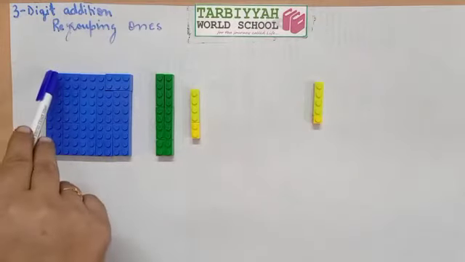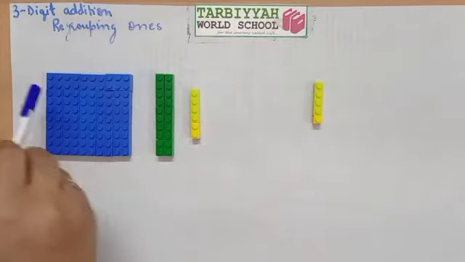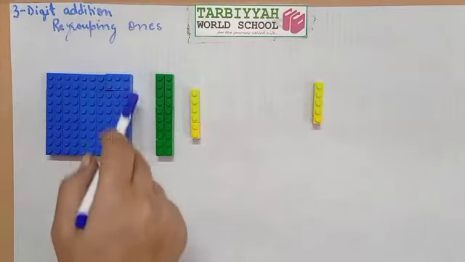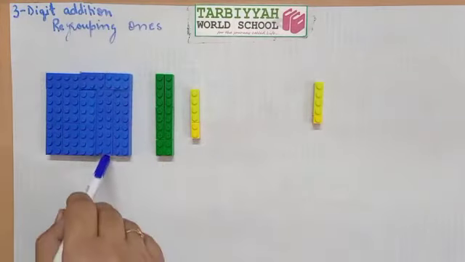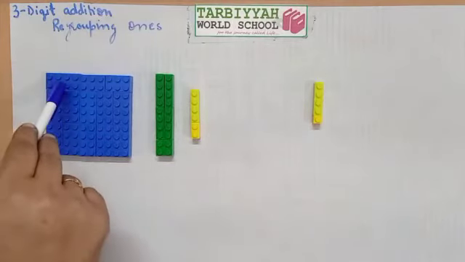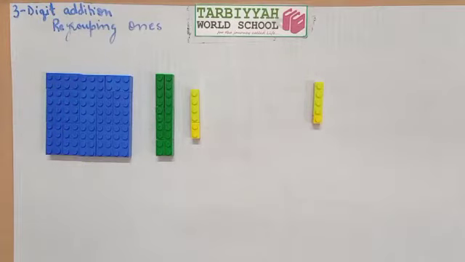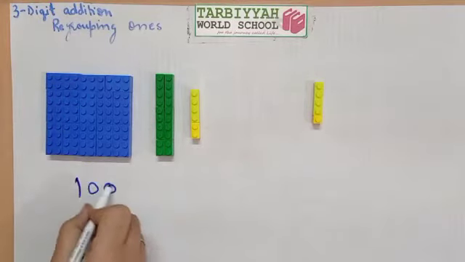So 1, 2, 3, 4, 5, 6, 7, 8, 9, 10. And I have these in horizontal and vertical. We have 10 blocks. So 10, 11, 12, 13, 14, 15, 16, 17, 18. Now these blocks are 100.